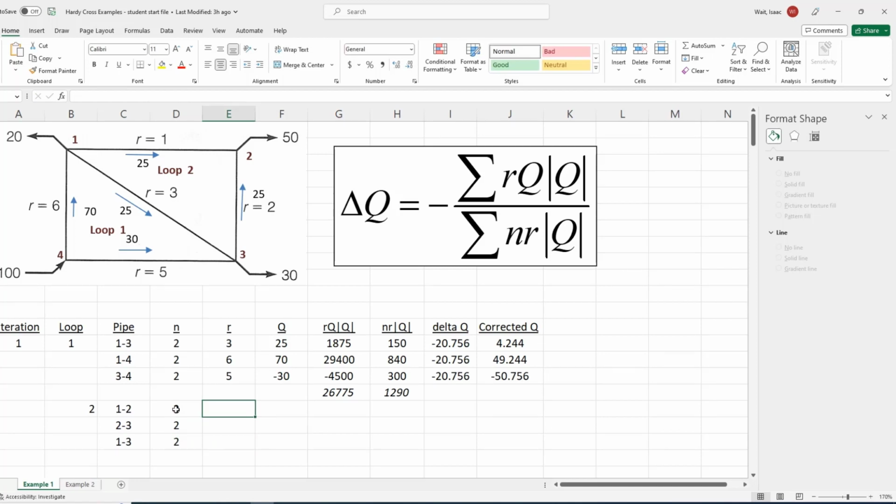I think it's 1 for pipe 1-2, 2 for pipe 2-3, and 3 for pipe 1-3. All right, what was my guess for pipe 1-2? My initial guess was 25. For pipe 2-3, I have to put negative 25 because it's opposite the clockwise direction. So negative 25.